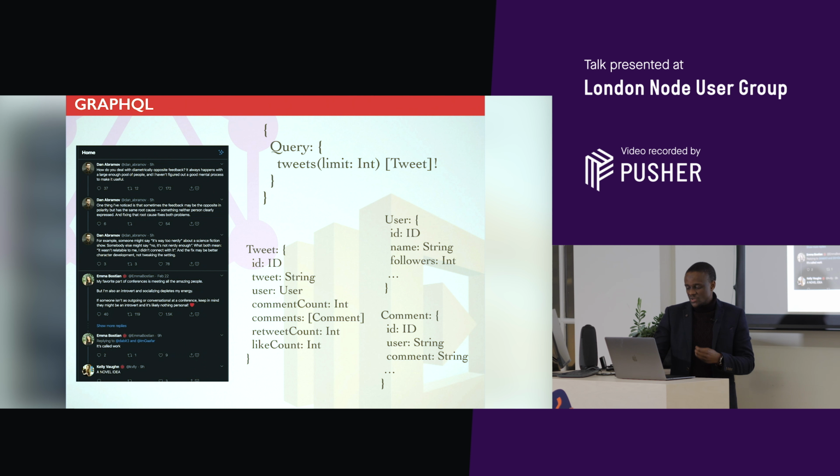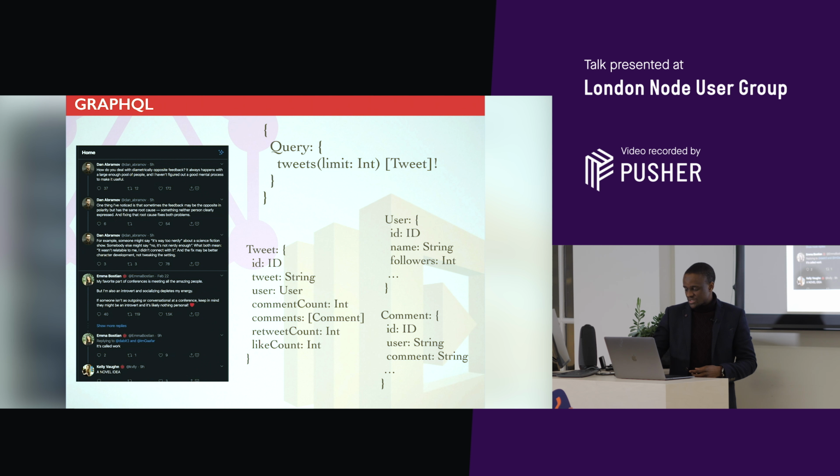So if I say user, I can say a user object, and in the same schema, I say type User. There should be a type in front of this, I do apologize. A type User has ID, name, followers, and so on. It can have anything you want. You declare it, and this will map to the data you have in your database or whatever.